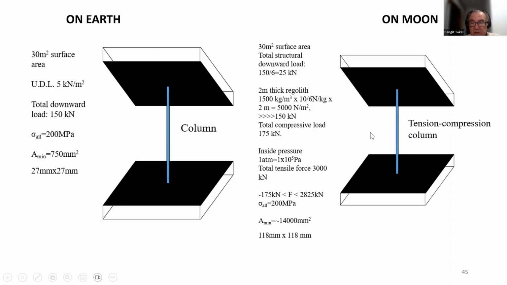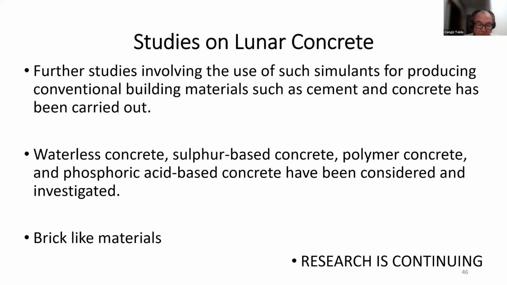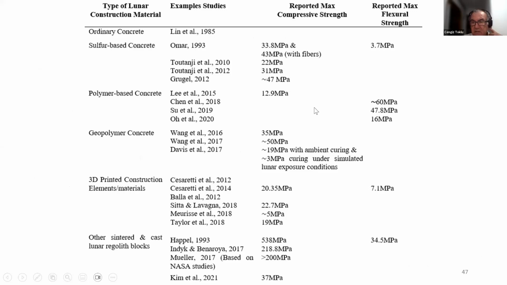So for the structures on the Moon, most of the time we have to be able to find tension-resistant materials, and it is very difficult because all materials that we can obtain by using lunar regolith are more compression resistant than tensile resistant. Concrete, for example, is not a tensile resistant material. These are the results of the studies done until now for these types of concretes made from lunar soil.